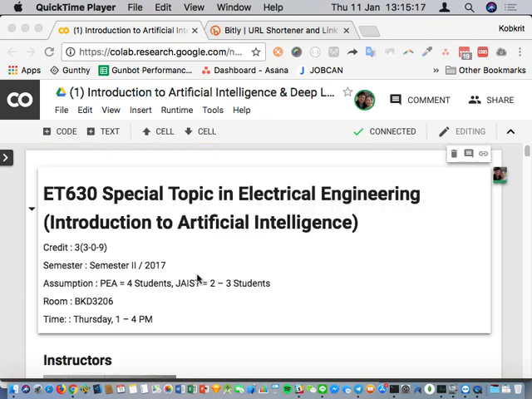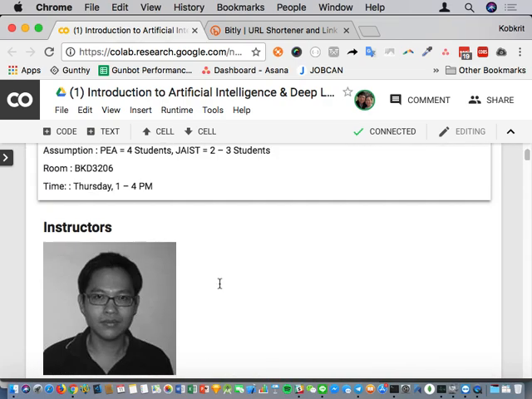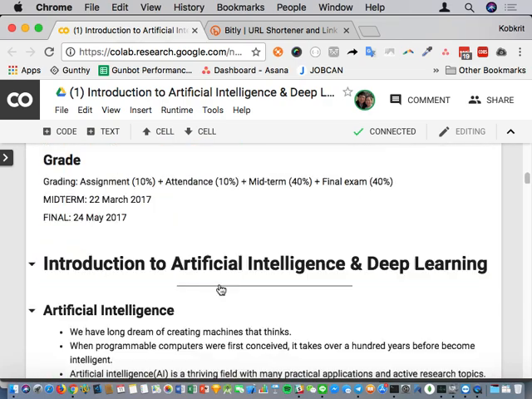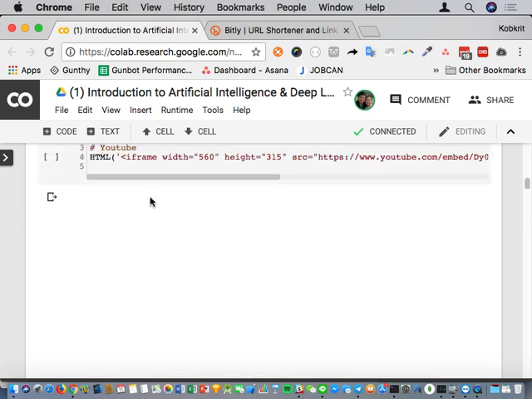For example, here I write markdown markup to make this lecture note, and I can also input code as well, something like this.